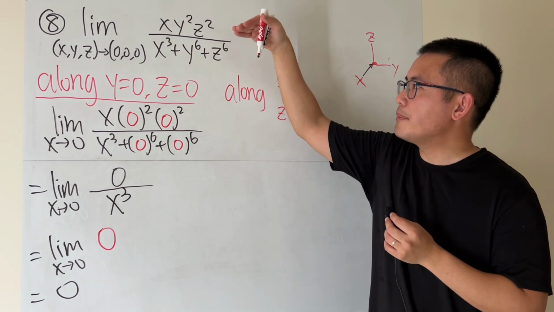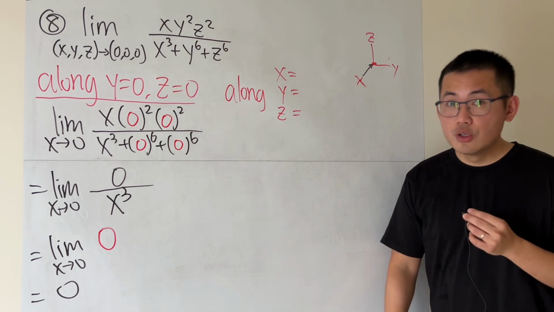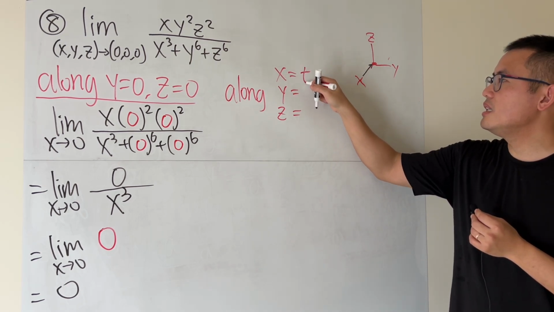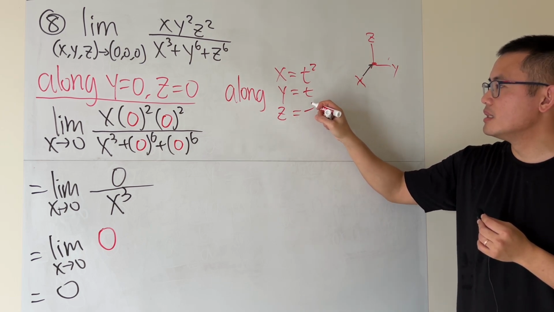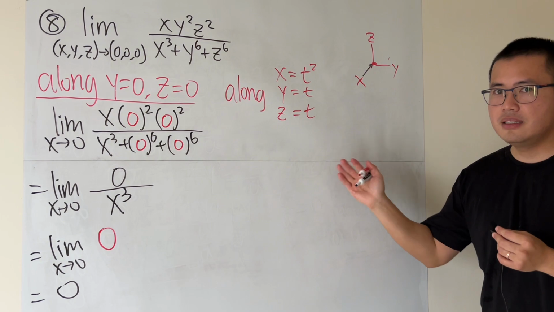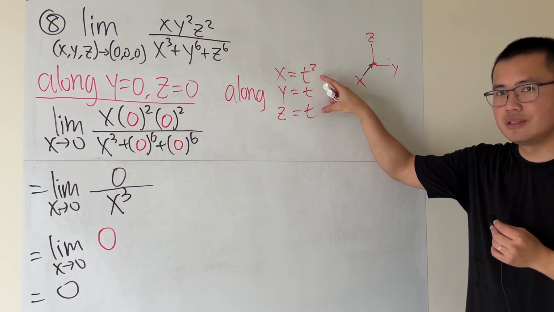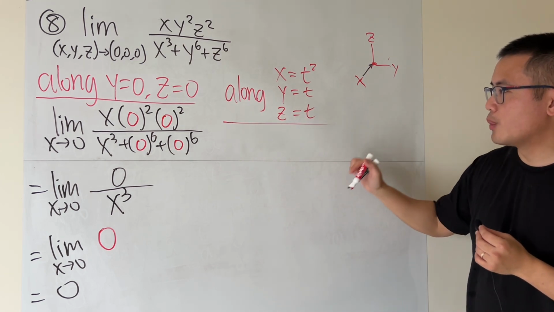The 6th power on the top and the 6th power on the bottom will cancel off very nicely. So a good choice is x equals t squared, and then y just equal to t. Likewise, z is equal to t. And this is a parametric path that does go to 0, 0, 0 when t approaches 0. So that's the second path that we are going to use.